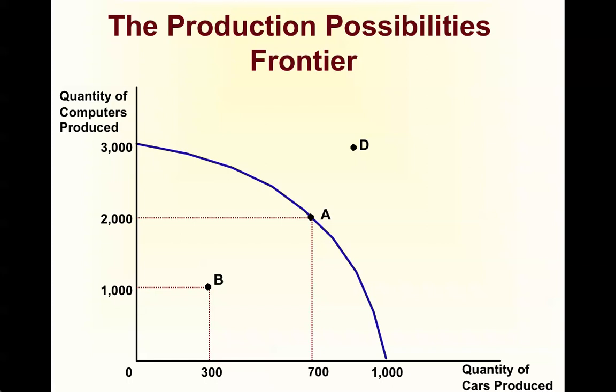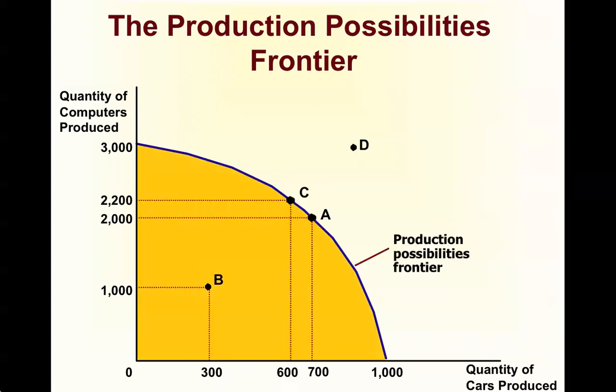So with the available resources, land, labor, and capital, we cannot produce a combination at point D. Point C, 2,200 computers and 600 cars, shows that to get that extra 200 computers, you're going to have to give up 100 cars. Again, the bowed out shape means that to get a few more computers, you're going to have to give up an increasing amount of cars to do so.